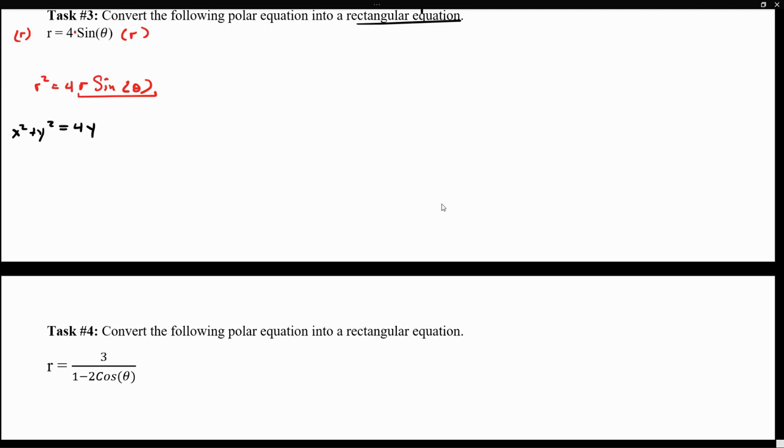And this is exactly what we needed, because now we definitely have an equation that doesn't use the values of r and theta. So to make it just an equation, let's move the 4y to the left hand side, and then we would be done here. Now if we graphed this equation, that would give us the same shape as our equivalent for sine.